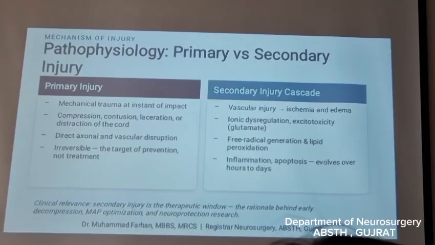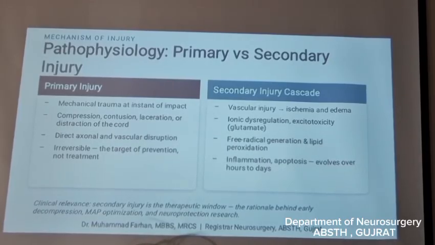Those different mechanisms, due to free oxygen radicals and ionic dysregulation, lead to lipid peroxidation, and this lipid peroxidation can cause demyelination of the neurons or axons, which leads to further damage, and ultimately to their inability to carry out neural transmission. Then inflammation also occurs.